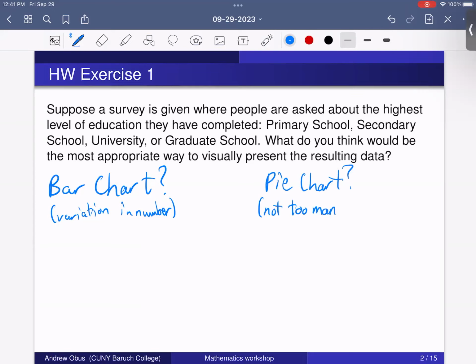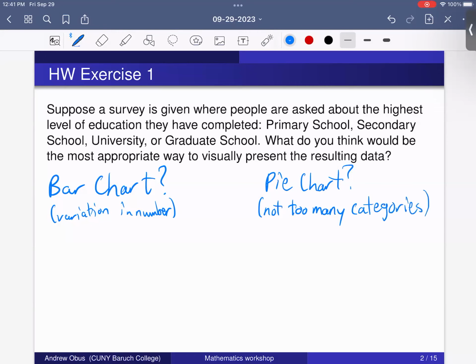Okay, so that's good also. The point is that there's no right answer to this. It could be a bar chart and it could be a pie chart. It also depends on what you want to get out of this data. Clinton says a pie chart because there are not too many categories, right?